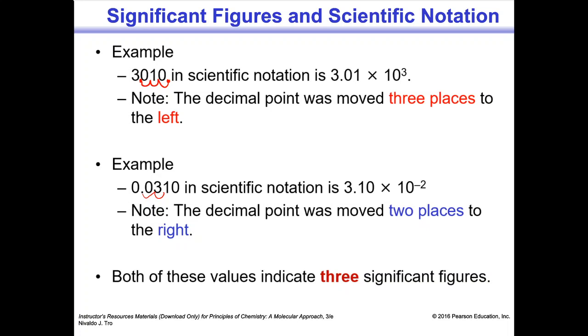If this 0 was significant, I would write 3.010, and now I would have 4 sig figs. So instead of having to add a decimal to this number, I can convert it to scientific notation and show easily how many sig figs I have. And here I have 3, and that was easy enough to keep, so that didn't change. It's an easy way to write numbers and show exactly how many sig figs you have if it's an ambiguous number.